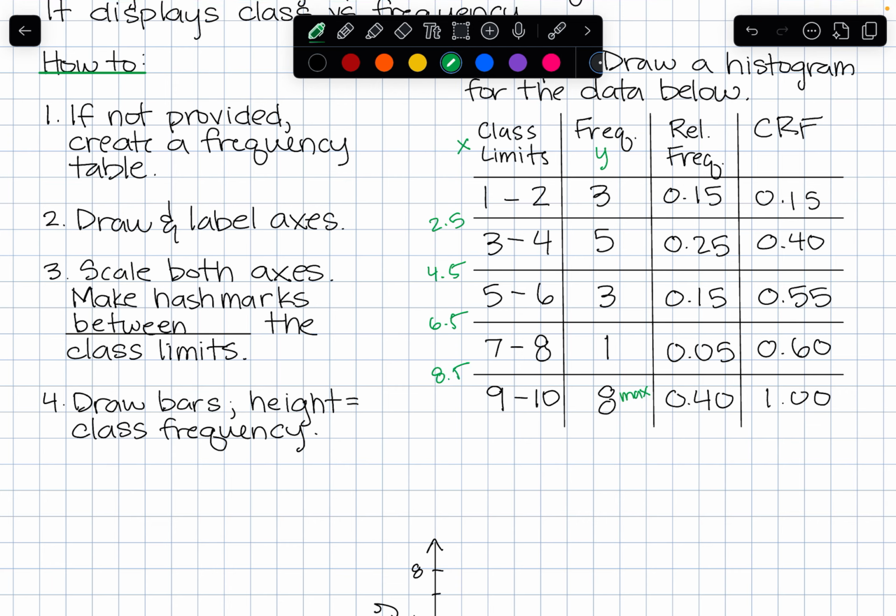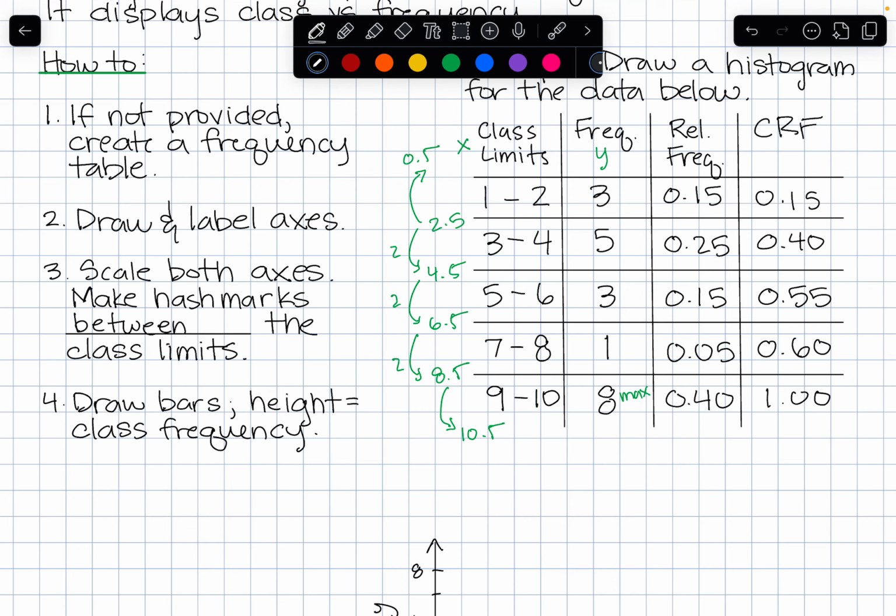You'll notice that just like our class limits, these numbers are also separated by our class width, 2. So I can predict what that last class boundary will be by adding 2. I can figure out what that first class boundary should be by subtracting 2, 0.5.